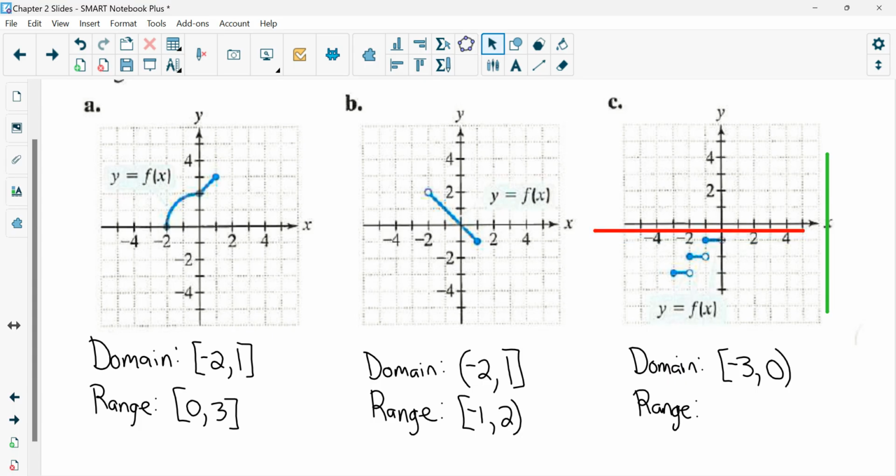So am I going to write this as an interval, or am I just going to write out the y values that we have? Do we have decimal values in this, or is it just strictly a couple of y values?